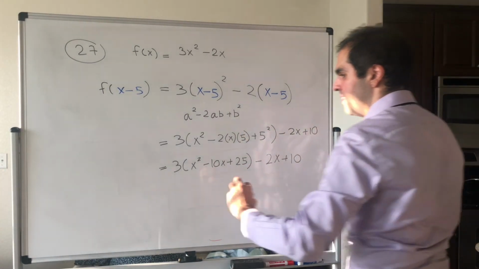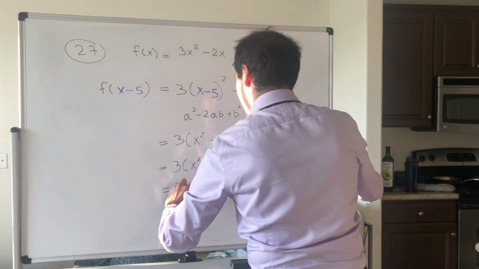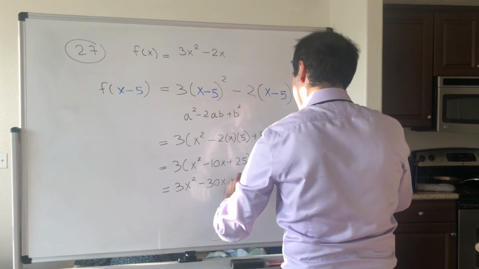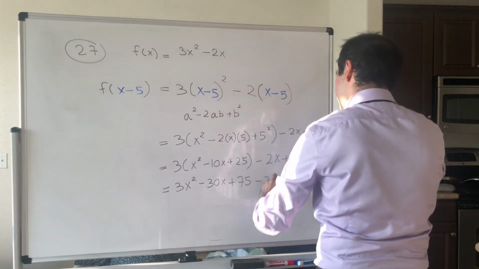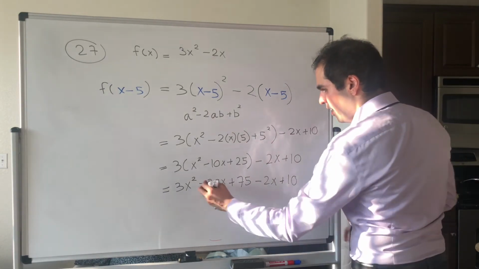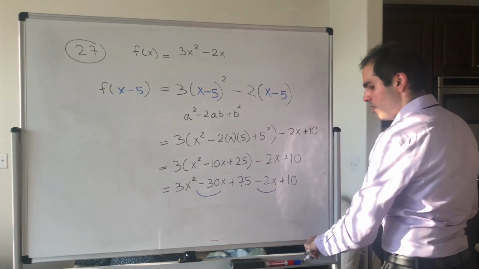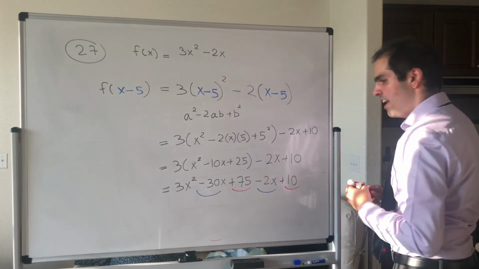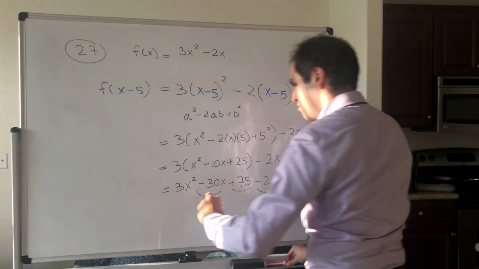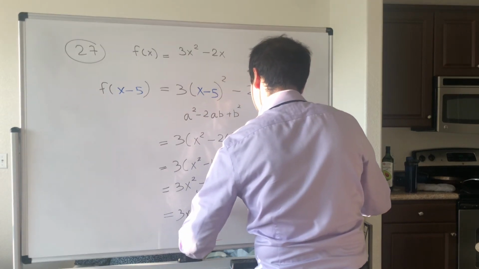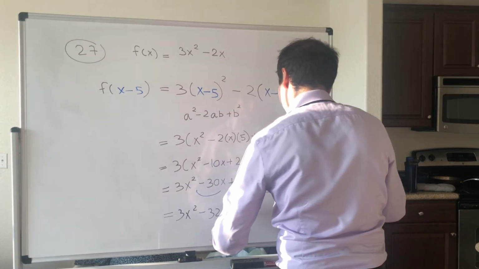Then you expand this out: 3x squared minus 30x plus 75 minus 2x plus 10. Minus 30x goes with minus 2x, and 75 goes with 10, and this becomes 3x squared minus 32x plus 85.